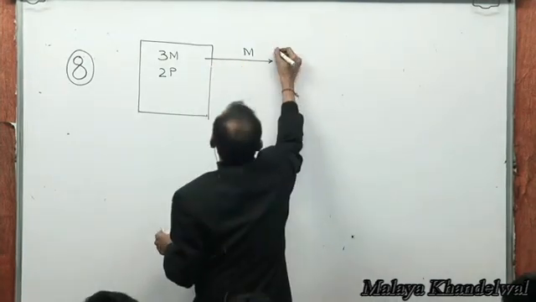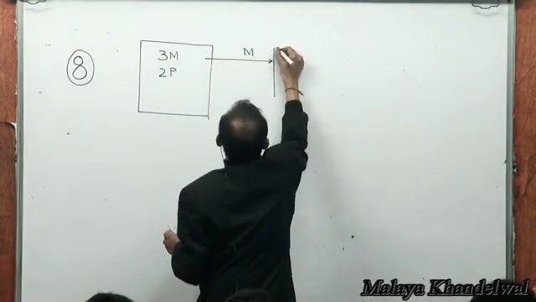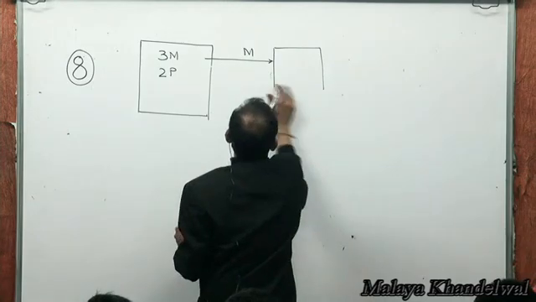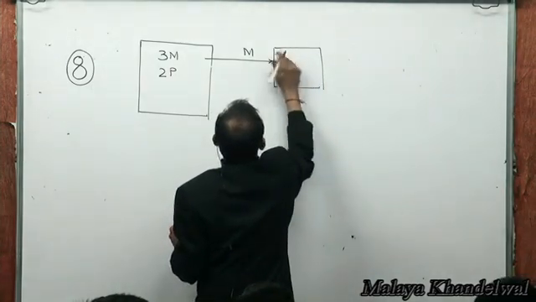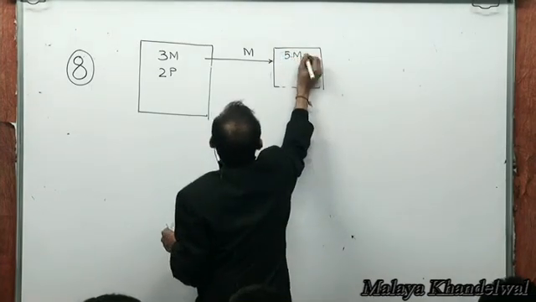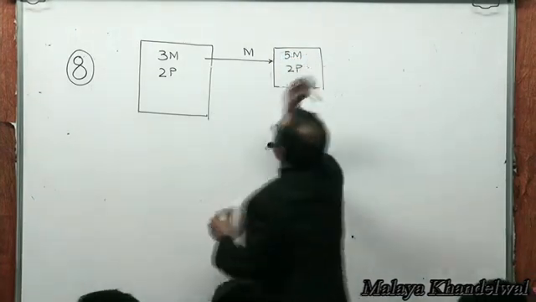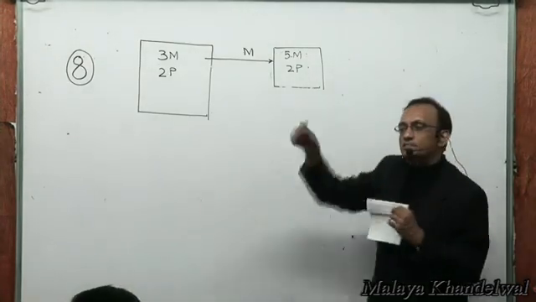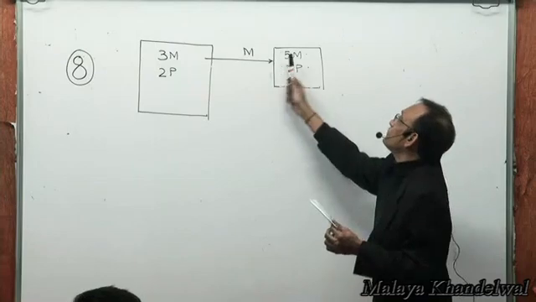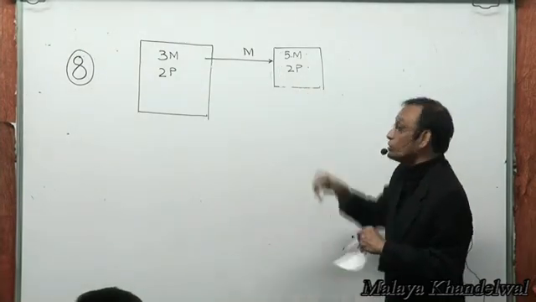If a maths book is drawn from this bag, then the new state of the bag would be 5 maths books and 2 physics books. The original maths book is placed back in the bag and 2 more maths books are added. So that would be the new state of the bag.